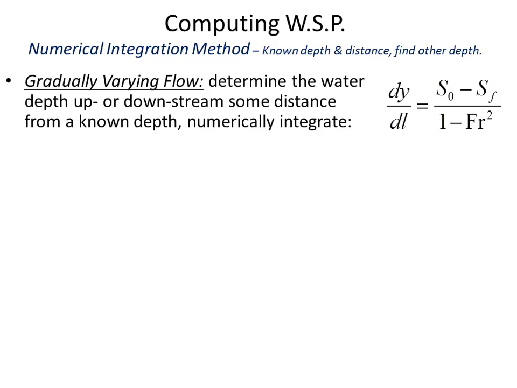I'm showing it with this drawing: maybe if the water is going off of a cliff, it's not a straight line between here and here. A straight line would be that, but the water surface is actually curved.